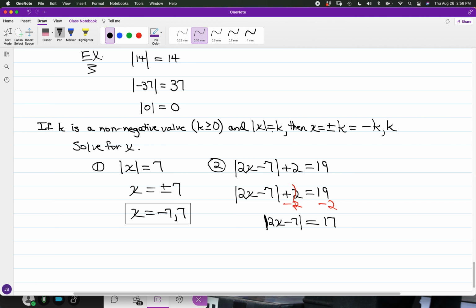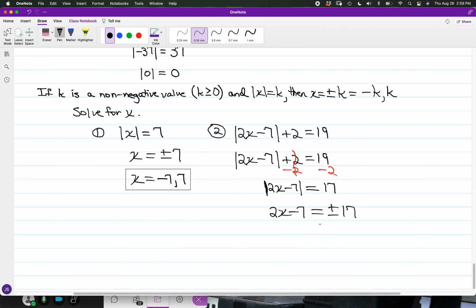And removing the absolute value bars, going from the absolute value of 2x minus 7 to just 2x minus 7, this binomial will be set equal to those numbers that are 17 units away from 0. And those will be positive and negative 17. So looking at solving for x, what does this mean here?